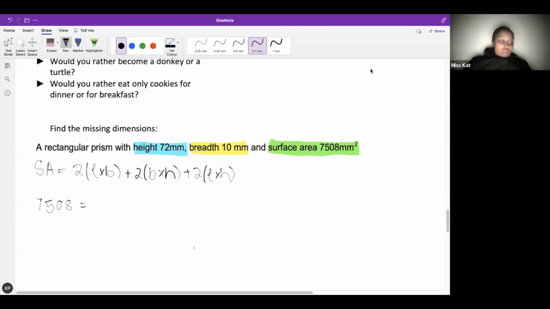Okay, so I'm going to substitute everywhere where I see height and breadth, or H and B. I'm going to substitute 72 and 10. Okay, now 2 times. Do we have length? No, but my breadth is 10. Plus 2 times 10 times 72 plus 2 times.